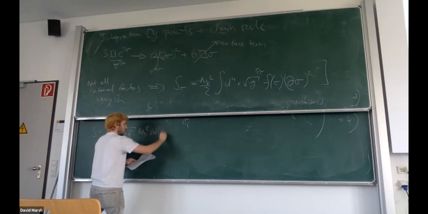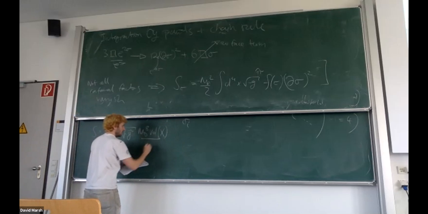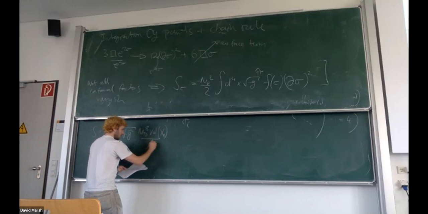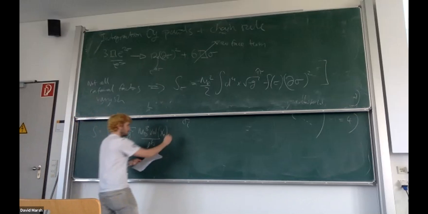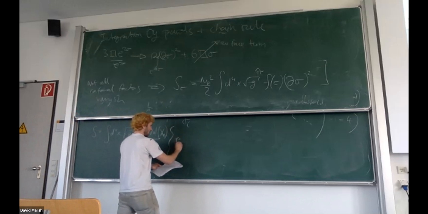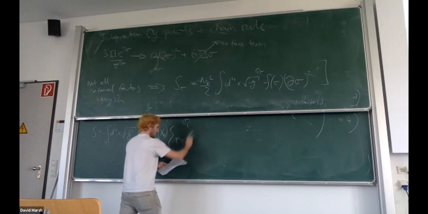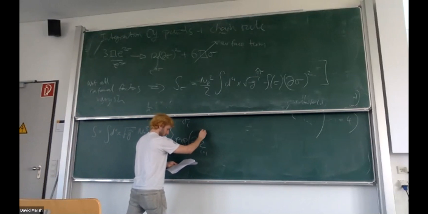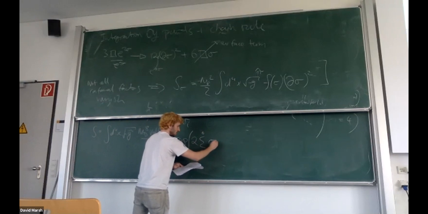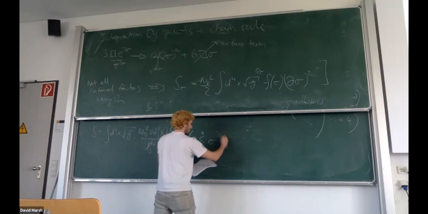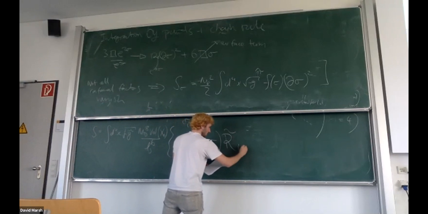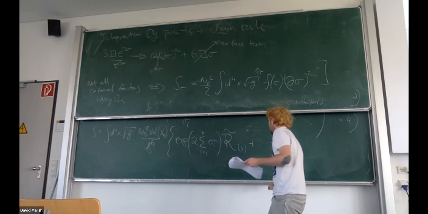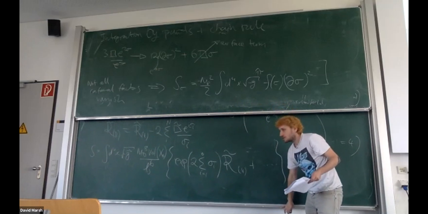The volume of your x6 over the string scale to 6. And then you would get exponential 2 sum over i equals 1 to 6 of sigma i times R twiddle 4 plus dot dot dot, the kinetic terms of sigma.